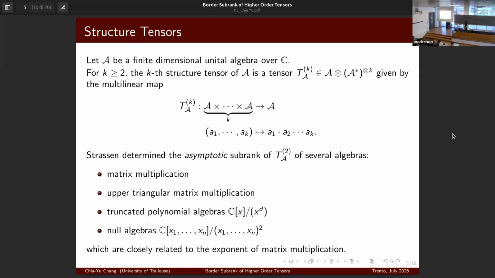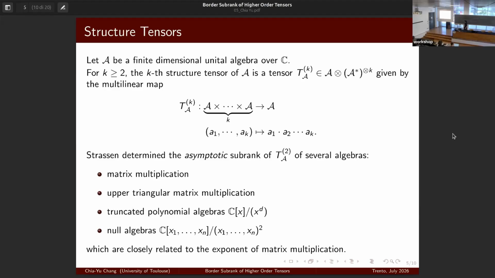Okay, and why are we studying these tensors? When studying the complexity of matrix multiplication, structure tensors determine the asymptotic subrank of several algebras, like matrix multiplication, which is used to define the complexity exponent of matrix multiplication.